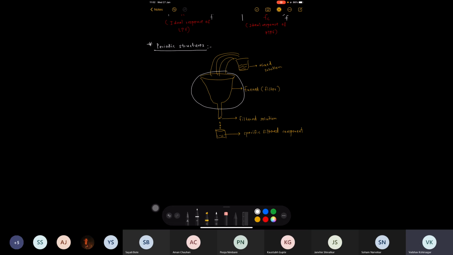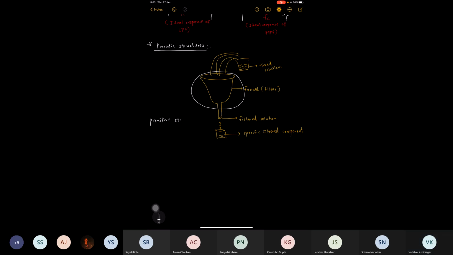So the principal design of the filter is based on a certain primitive structure. We call it a primitive structure. Okay. So here I will write primitive structure of filter.